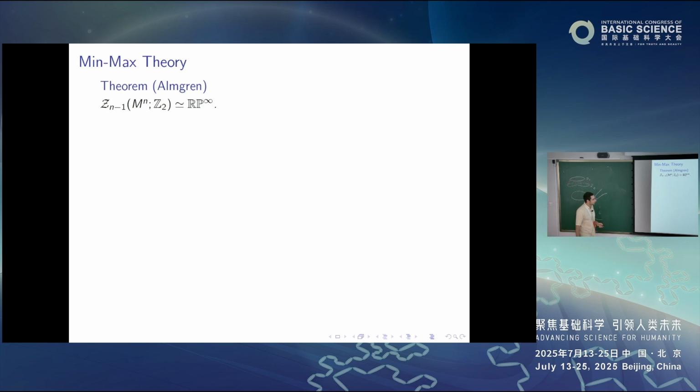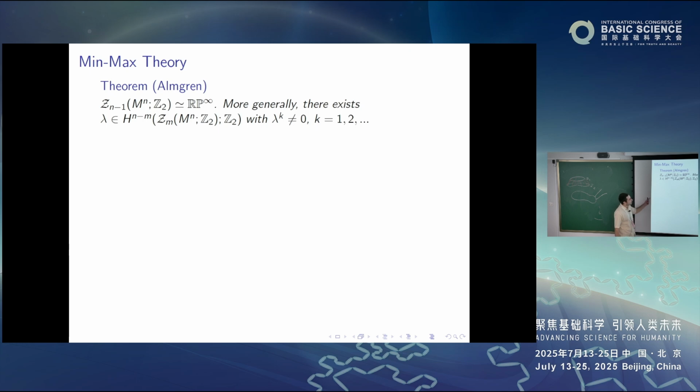Mod 2 cycles in codimension one are weakly homotopy equivalent to RP infinity. More generally, they may not be homotopy equivalent to RP infinity, but they still have the property that you have a fundamental class such that all of the cup powers of this fundamental class will be non-zero.